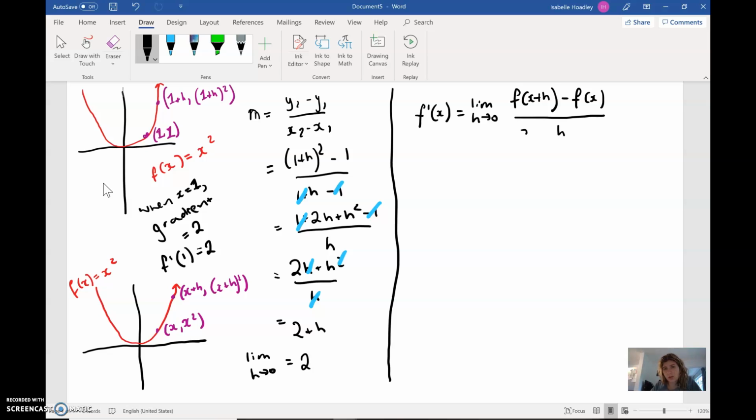Technically our x2 is x plus h, that comes from that value there, and our x1 is just x. Now obviously the two x's just cancel out.